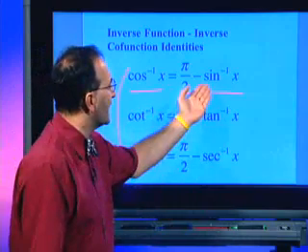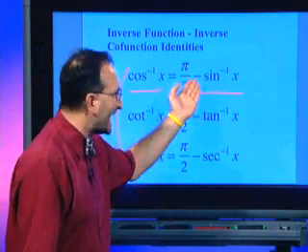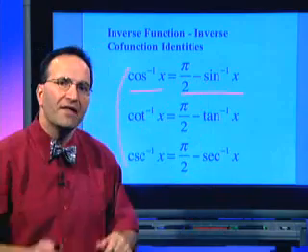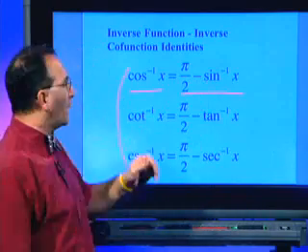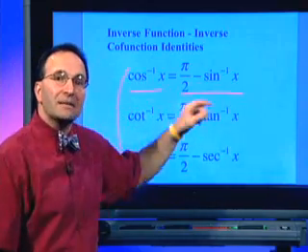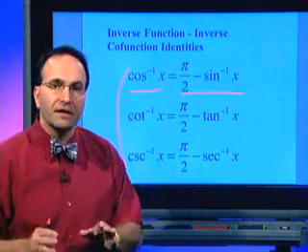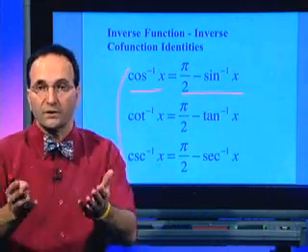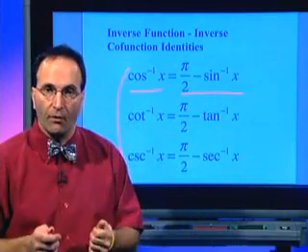But then we could say that we would take negative the derivative of the inverse sine. So once again, the derivative of cosine inverse is going to be negative the derivative of sine inverse, which we already have the formula for.